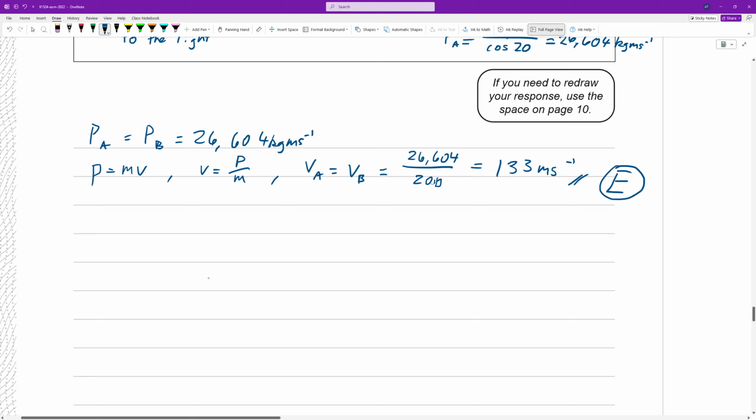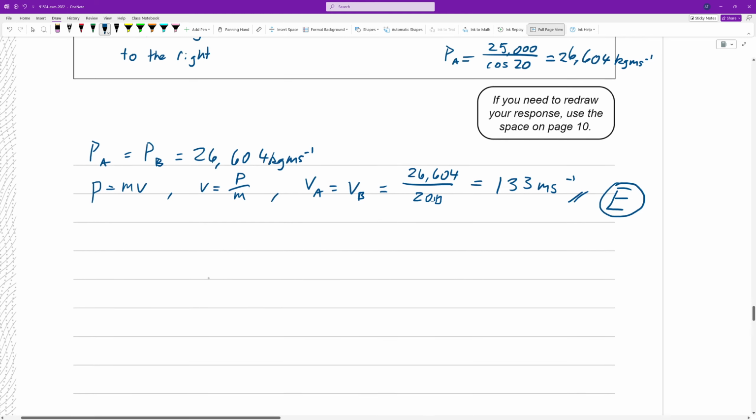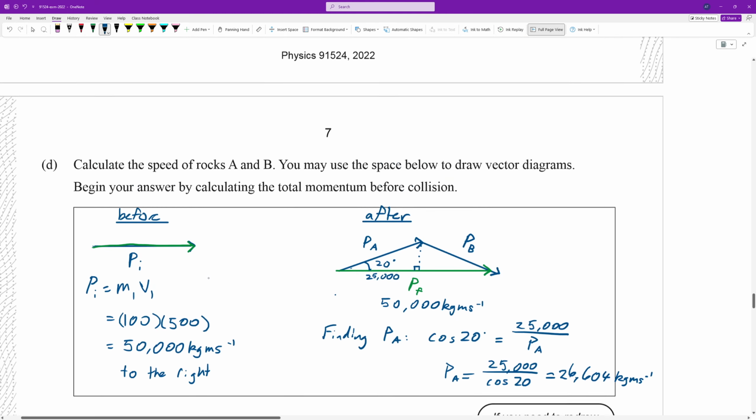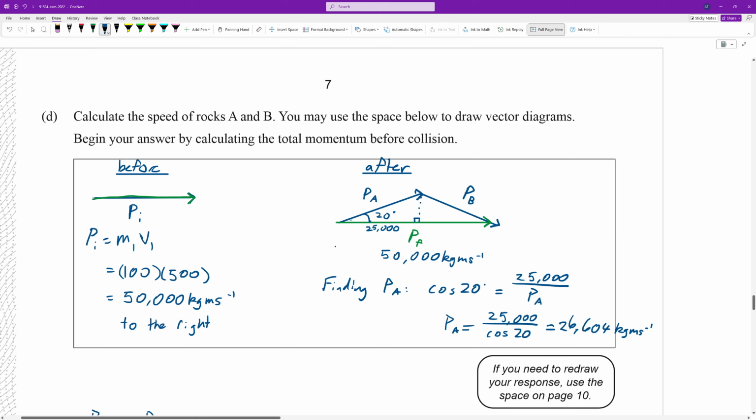And so let's just step through this one more time. So this momentum question is symmetrical, which does make it a bit easier. So before the collision, we calculated the total initial momentum, which only depended on mass 1. So m1 times v1 to give 50,000 kilogram meters per second.